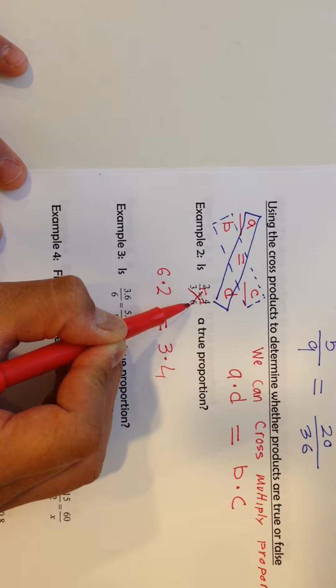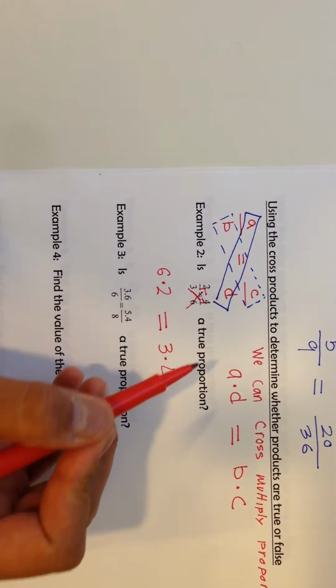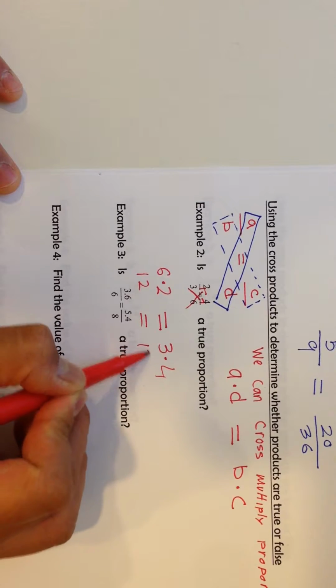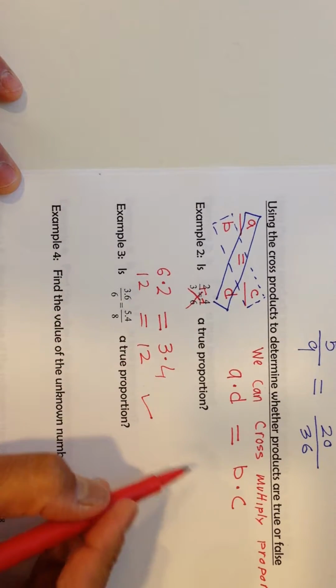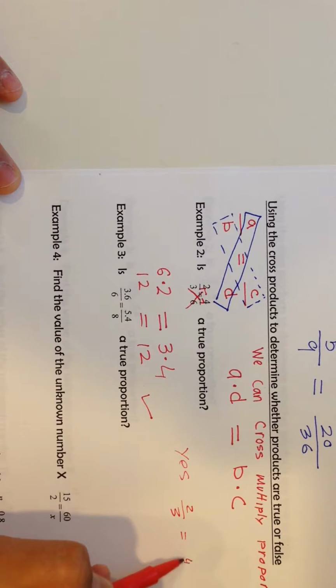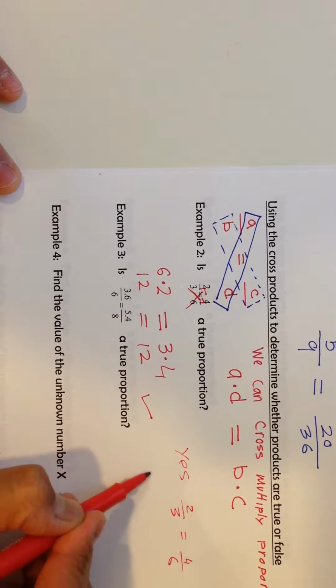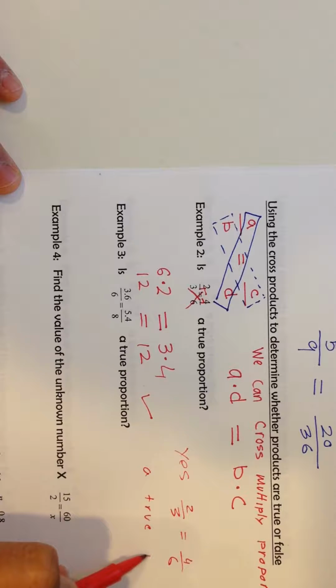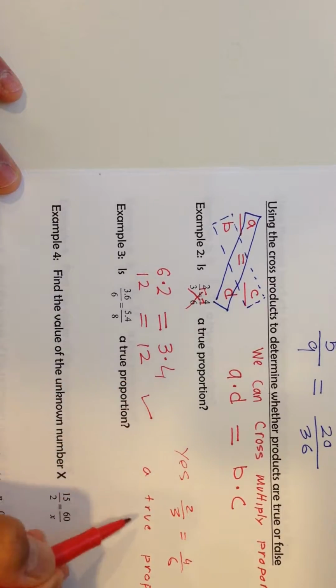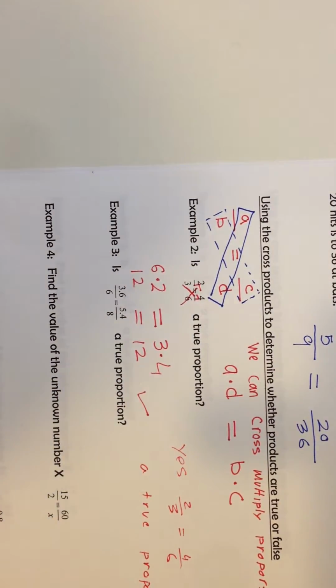Always multiply up. 6 times 2 is 12. 3 times 4 is also 12. They are equal to each other. So yes, 2/3 equals 4/6 is a true proportion. If we had a false statement, then we would have answered no.